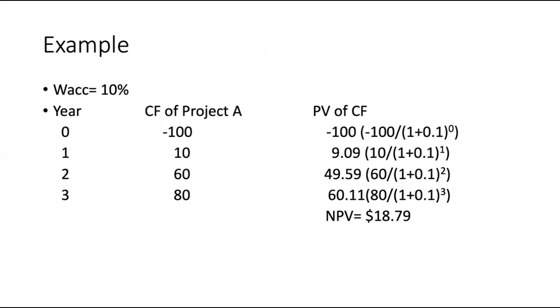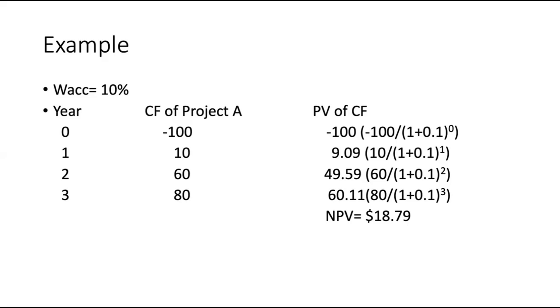To calculate the present value of the cash flows, we'll use the present value formula. So we'll divide negative 100 by (1 + 0.1), where 0.1 is the weighted average cost of capital, to the power 0, which is year 0. For year 1, we have a cash inflow. We'll divide 10 by (1 + 0.1) to the power 1.